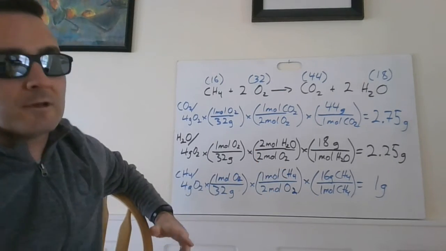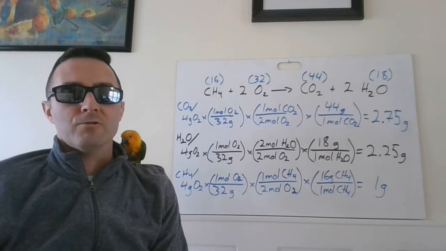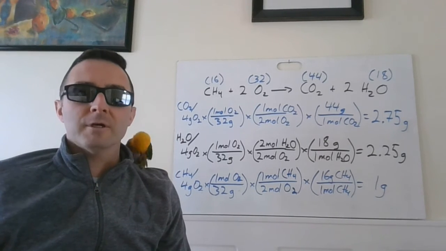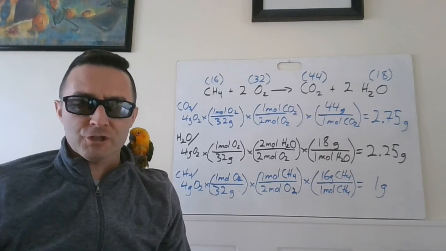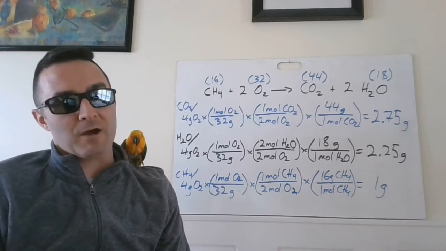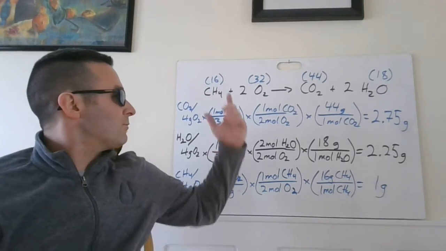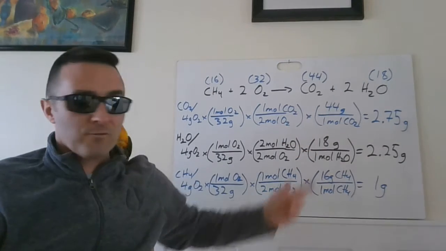So, as you're doing these, have your problem set up. You need to be very slow, take your time, be very intentional about your steps. Notice that I write my labels out. A lot of people just want to put their numbers up, like, oh, it's 1 to 2, it's 44 to 1.